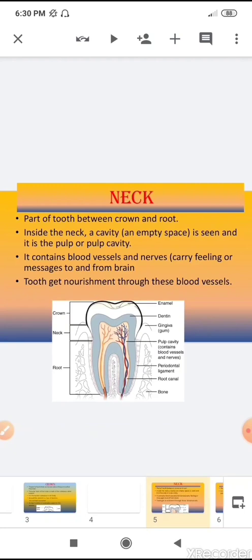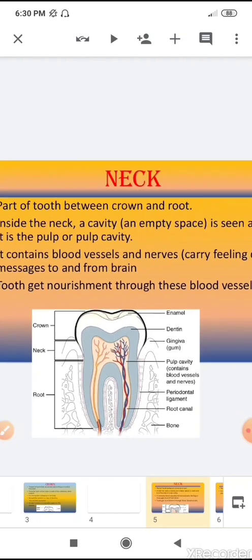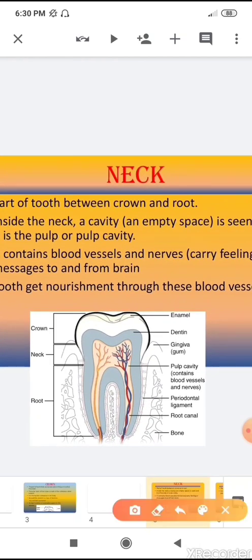So the neck portion, which has a cavity, contains blood vessels. Here you can see pipe-like structures, red and blue; these are blood vessels. And here you can see a thread-like structure, which is known as nerves.